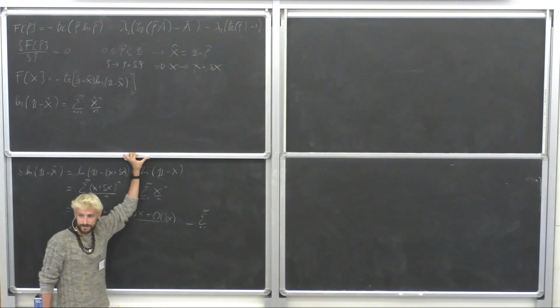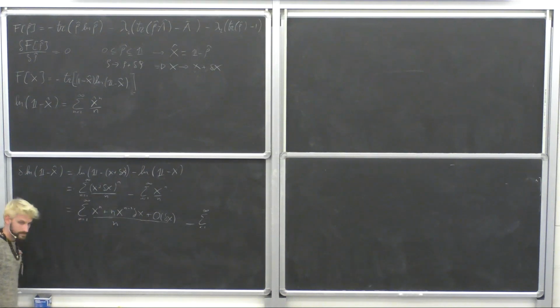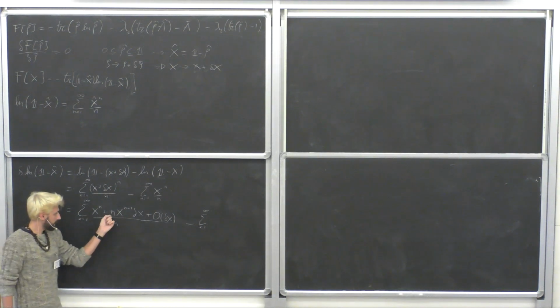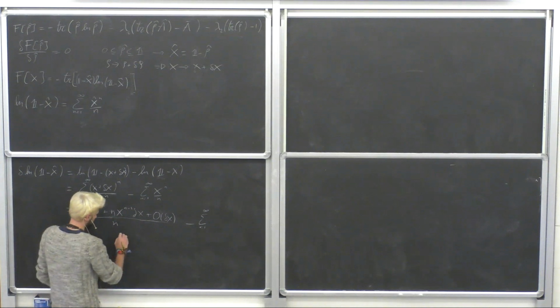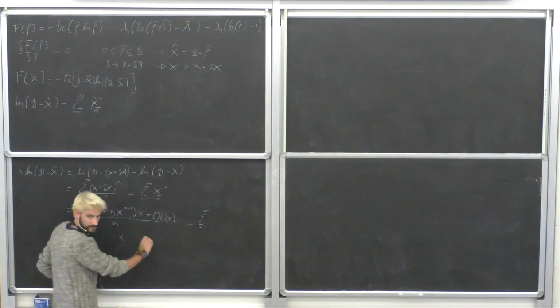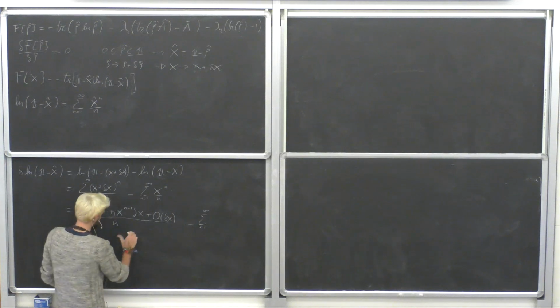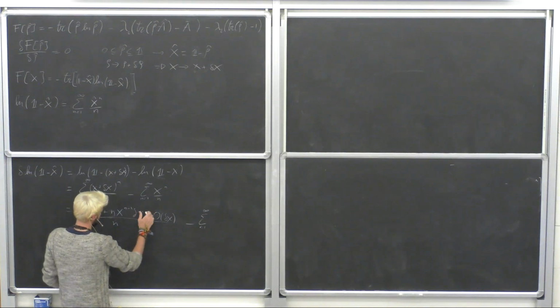Otherwise, for x plus delta x to the n, you should write it as the product of x plus delta x, n times, right? Exactly, yes. x plus delta x times x plus delta x, and so on and so forth.